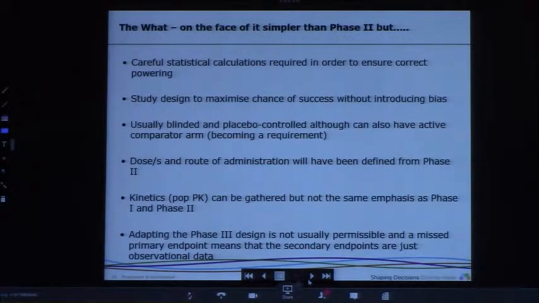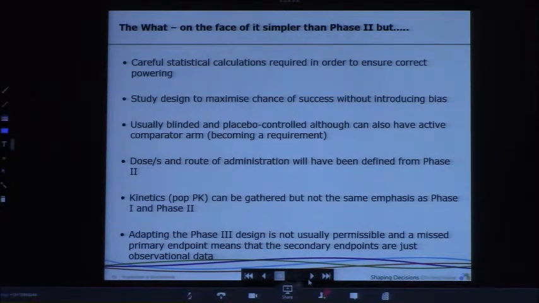I say that with a bit of a grin, because obviously when you're doing this you're spending a lot of money, so you are certainly going to want to maximize the chance of success, and it is likely that there will be an introduction of some bias. You will select the best possible patient group from within a representative patient group.